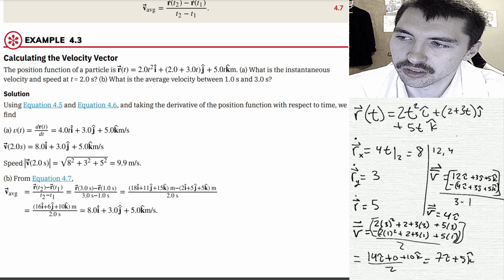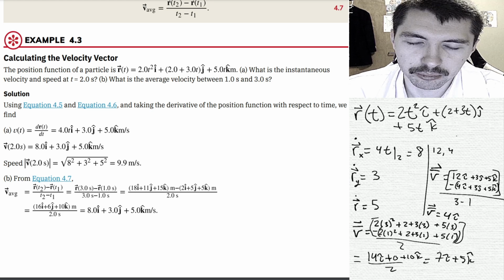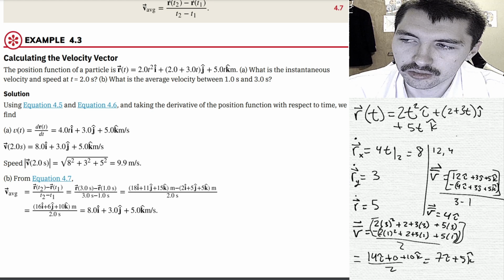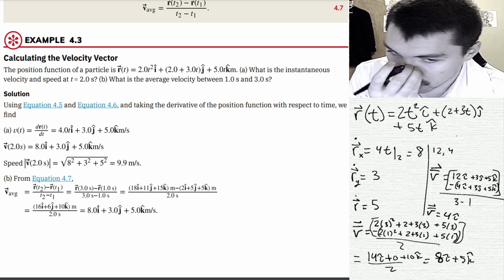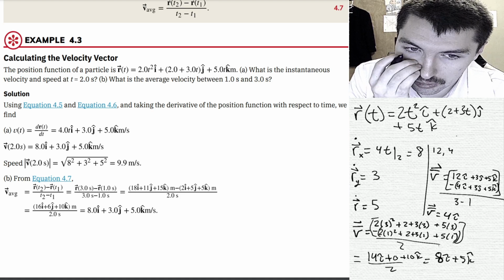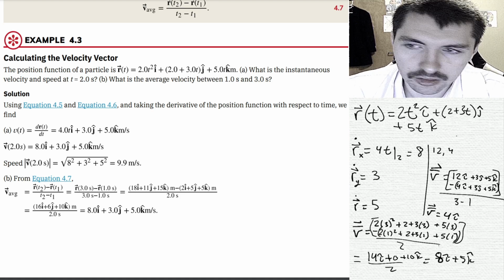So that would have given us 16. This would have bumped us up to 9, so it would have bumped us up to 16 divided by 2 is 8. So this should be an 8. So they got 11j here.